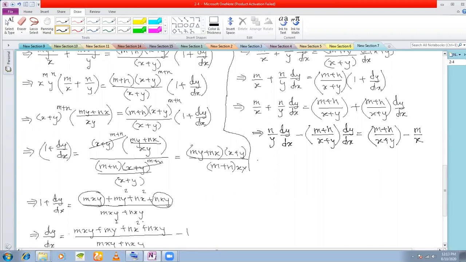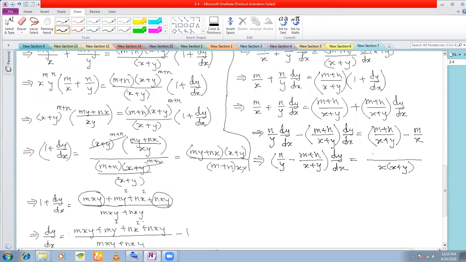Now I can take dy/dx common. I'll get n by y minus m plus n by x plus y dy/dx is equal to, you can take the LCM here, x into x plus y is your LCM.